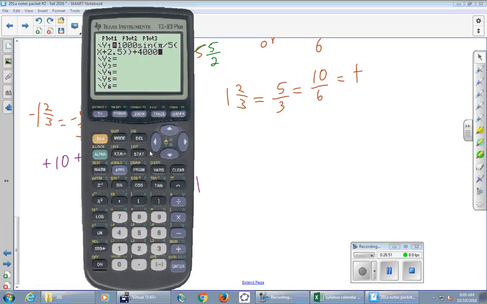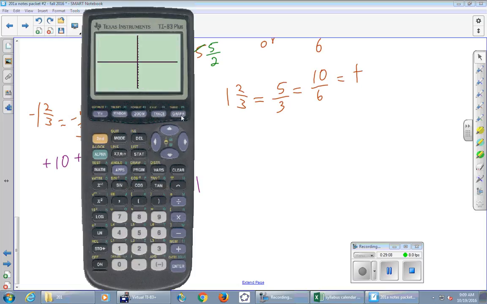Okay, before I hit graph, what do I need to check right in here? Radians. My calculator is always set to radians, but yours might not be. And you're going to get ridiculous answers if you don't check this. So anytime you hit one of these 3 buttons, sine, cosine, tangent, you first check the mode.